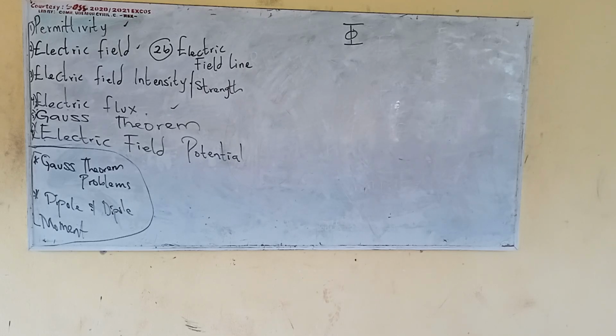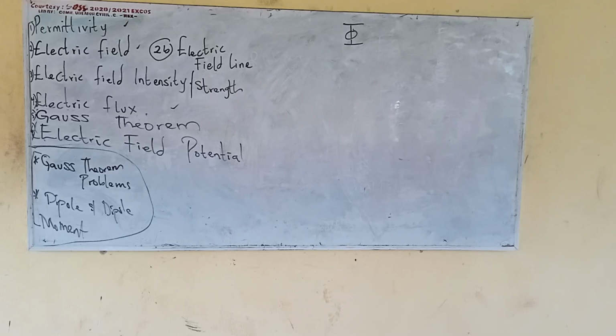You know that electric field strength talks about how strong or how weak your charge is. Now, electric flux is simply saying how many electric field strengths you have. I'll still define it, I'm just explaining. So how much electric field intensity do you have in that electric field?